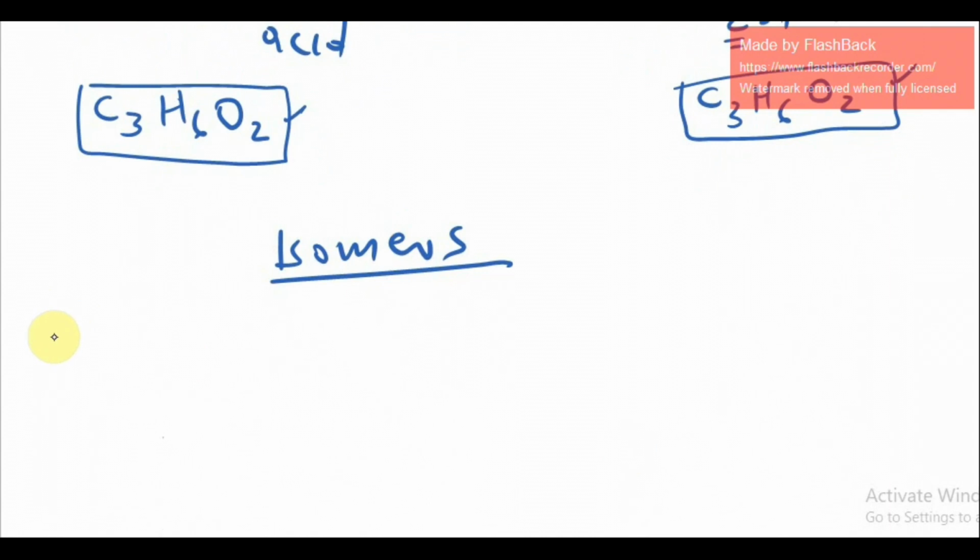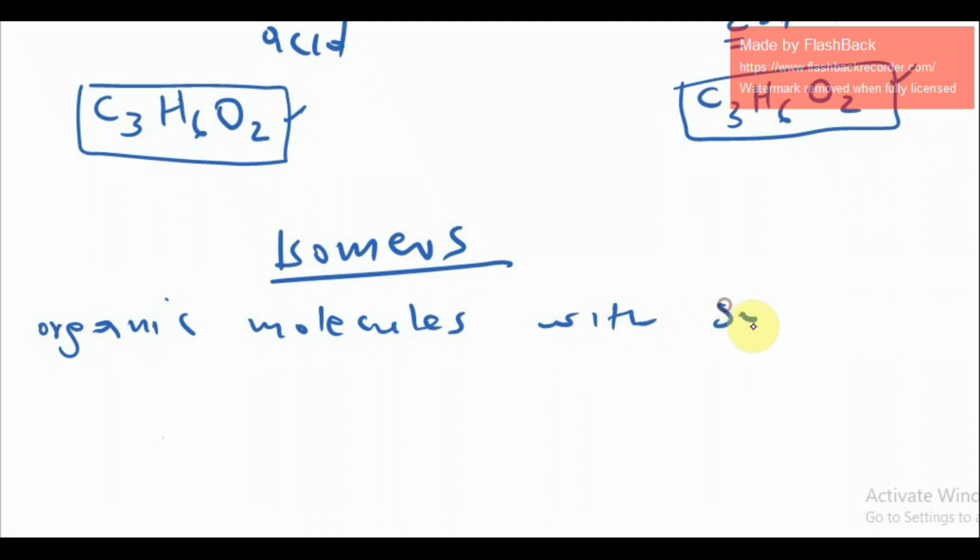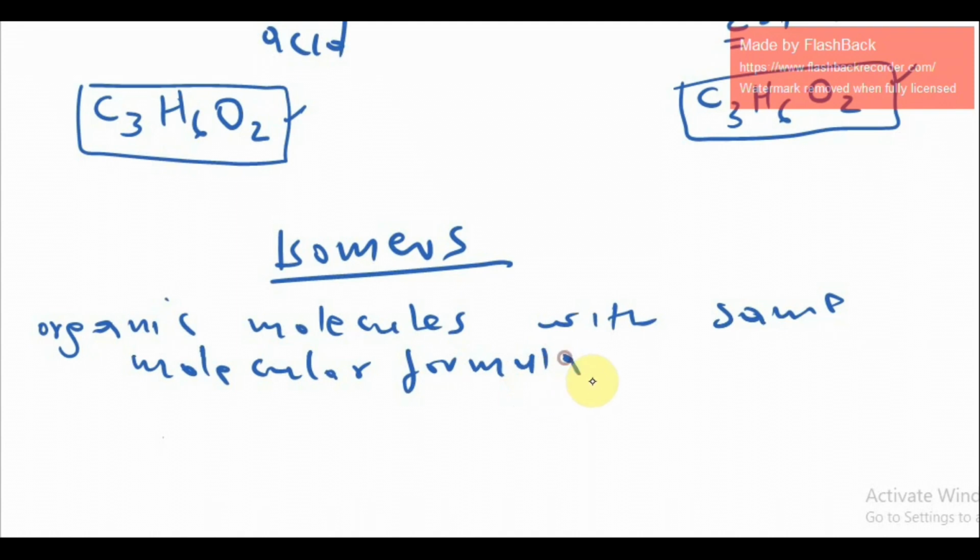Isomers are defined as organic molecules with the same molecular formula but different structural formulas.